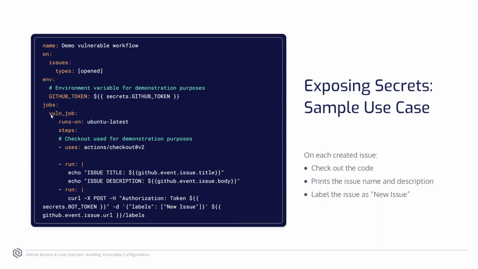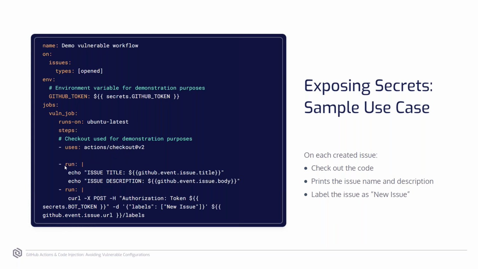And it has one job that's called vuln job that has 3 steps. The first step is doing checkout. This is the syntax of calling an external action. And it's using the action they call checkout, which is one of the popular actions in the marketplace that basically does git clone to the repository into the runner environment.